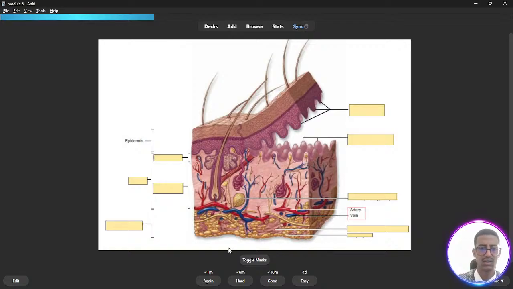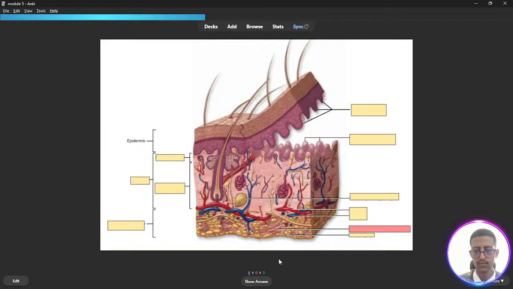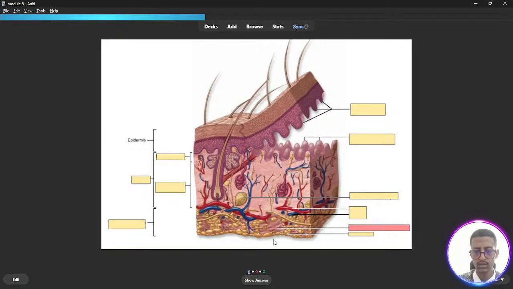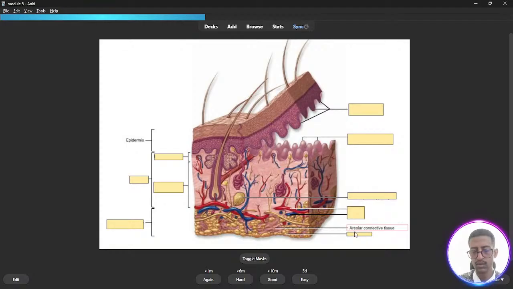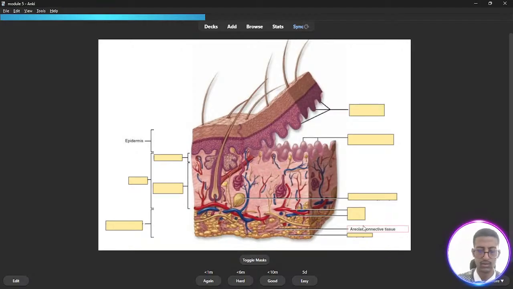Okay, where are we? Okay, it was easy. I think this is subcutaneous connective tissue, areolar connective tissue. Okay, what about this?